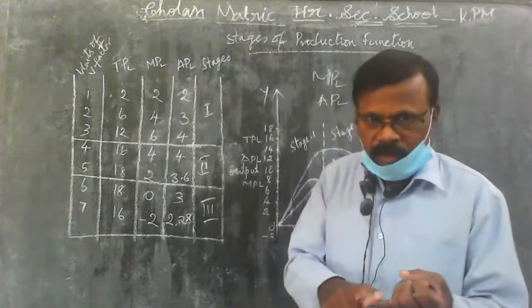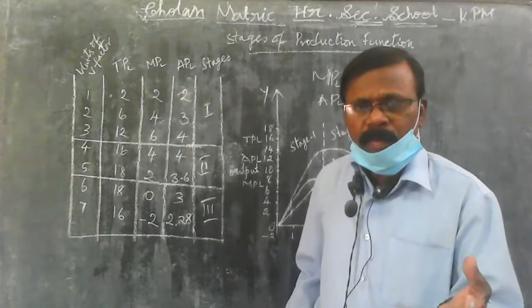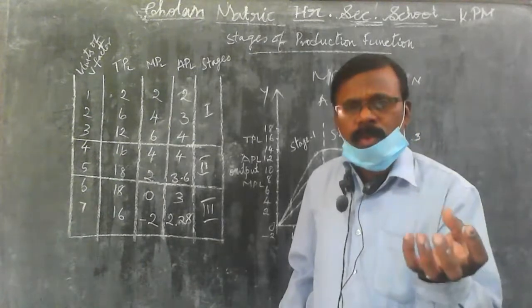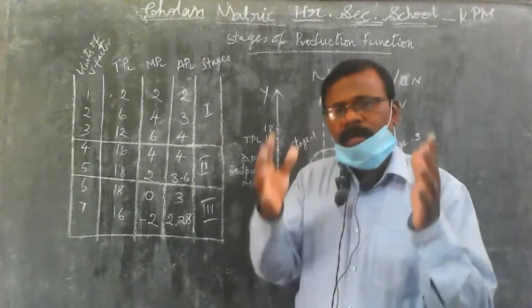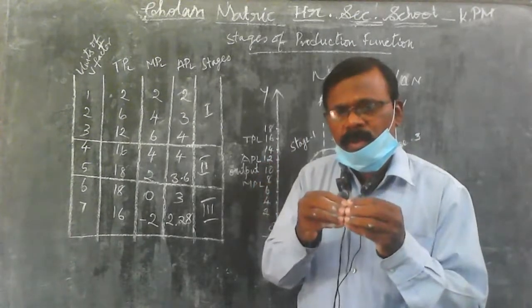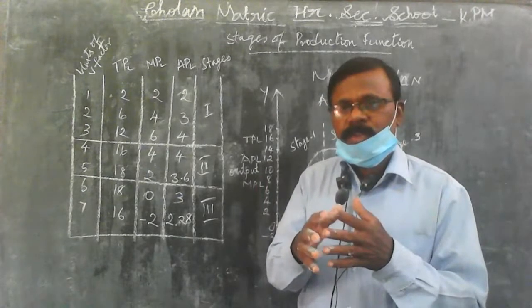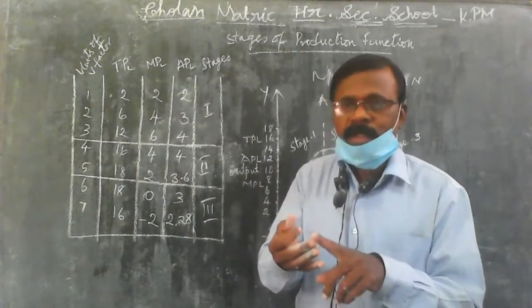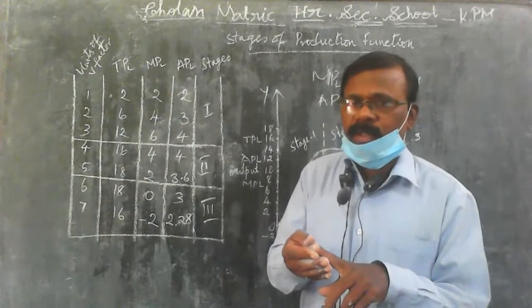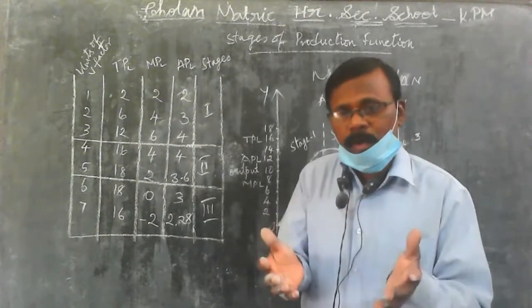So you must understand input and output. What do you mean by input? Input refers to the factor services, say land, labor, capital, and organization. That is called input. And what is output?